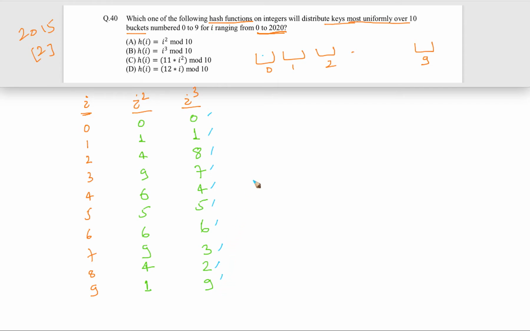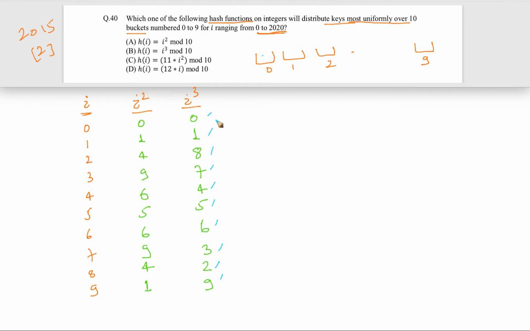Guess what? Uniformly all the values between 0 to 9 are there. So all the first 10 values are here.